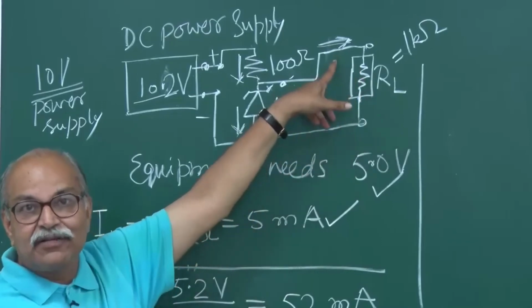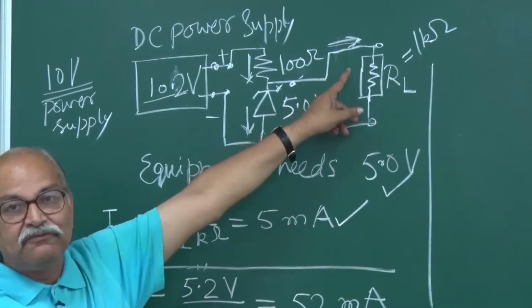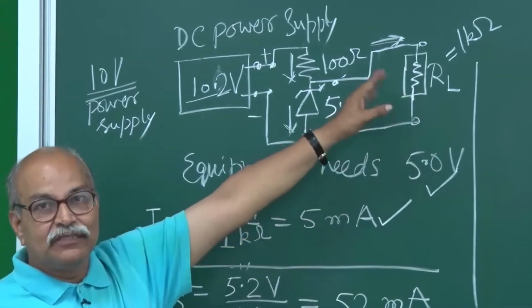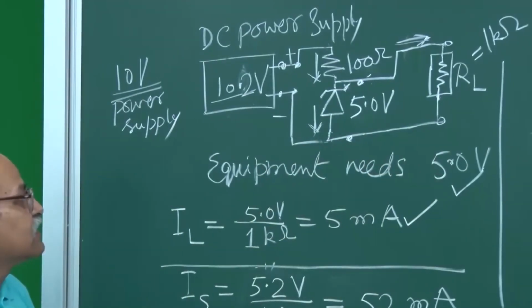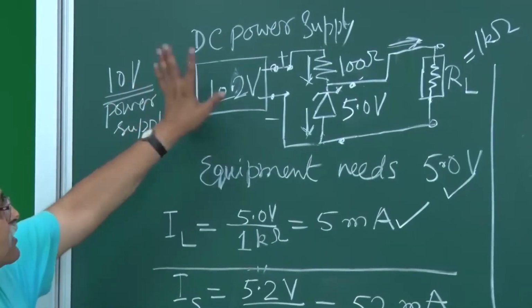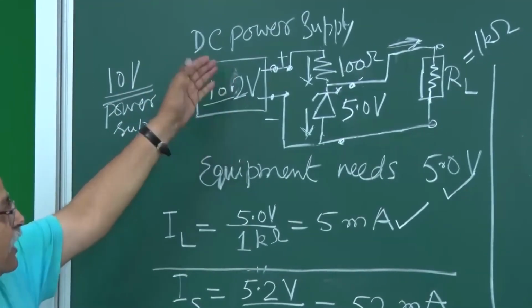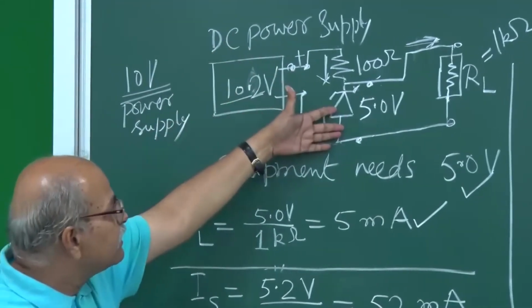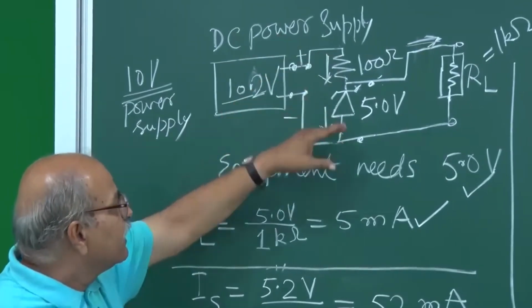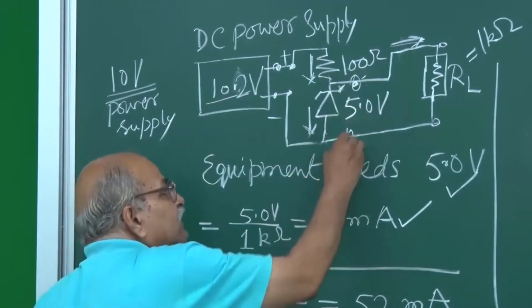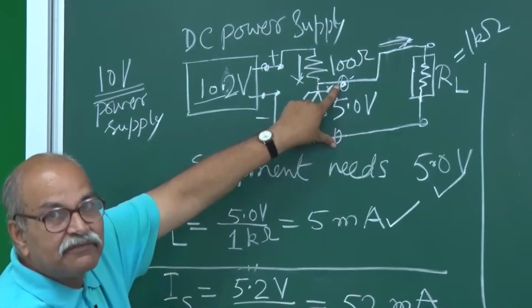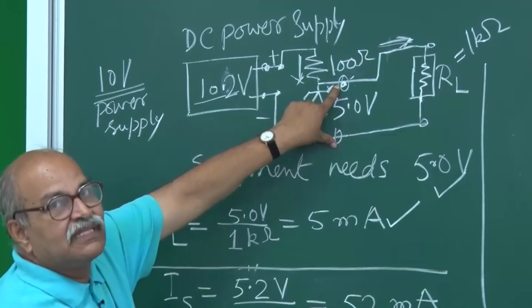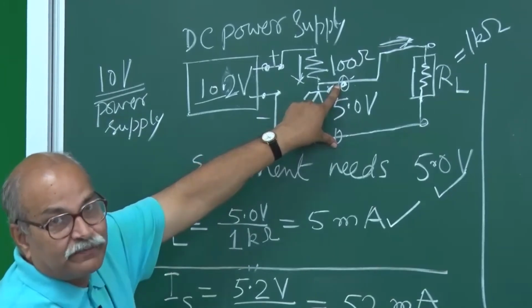It is getting a regulated power supply, 5 milliampere current is going through this. So this is how a voltage regulator is made. Whatever power supply you make, if you then connect a zener here and a shunt resistance here and take your output from here, this is a regulated power supply. It's meant for a particular voltage and it gives that voltage.